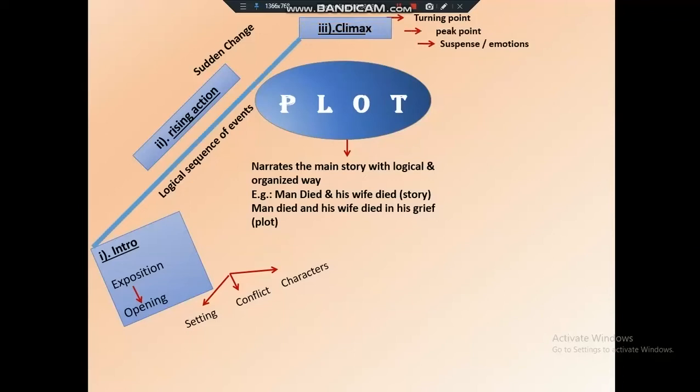The reader really gets confused about what is going to happen after that, what will be the reaction and response of the characters. The readers do not at all expect what happens in climax. The climax is full of suspense here.